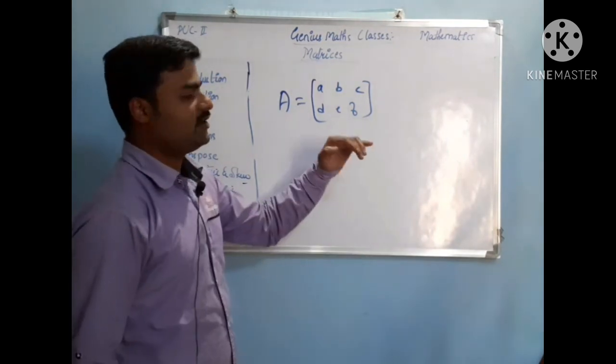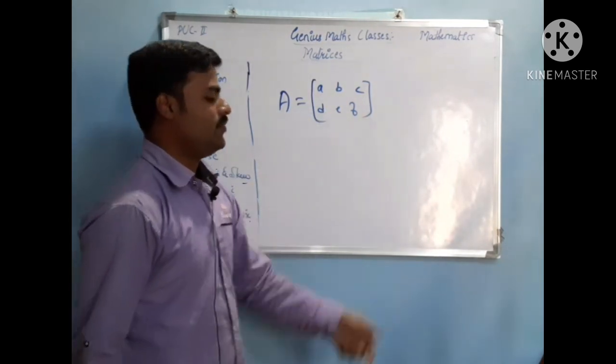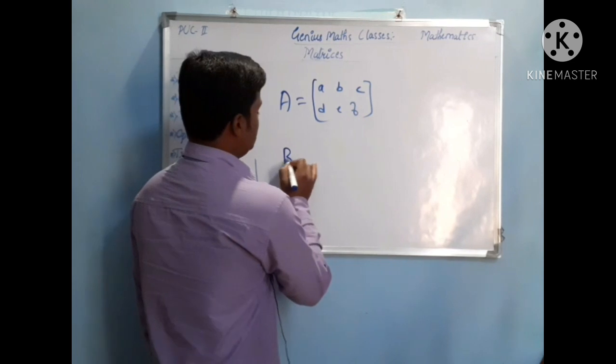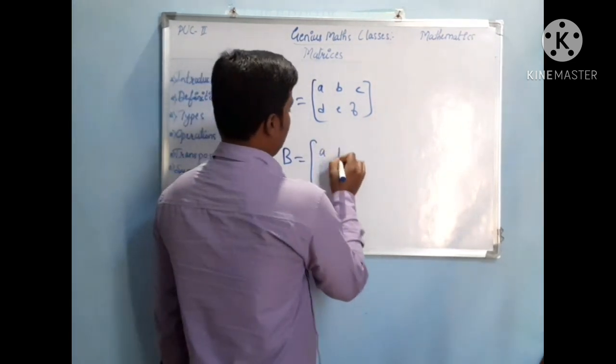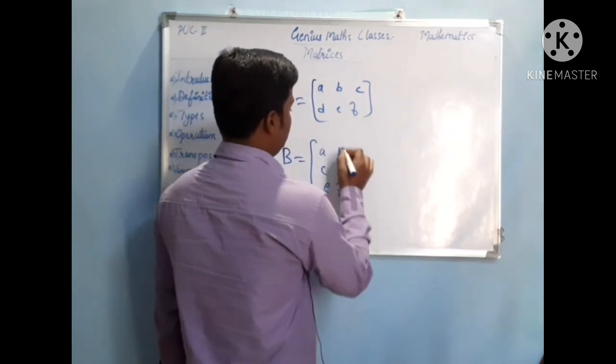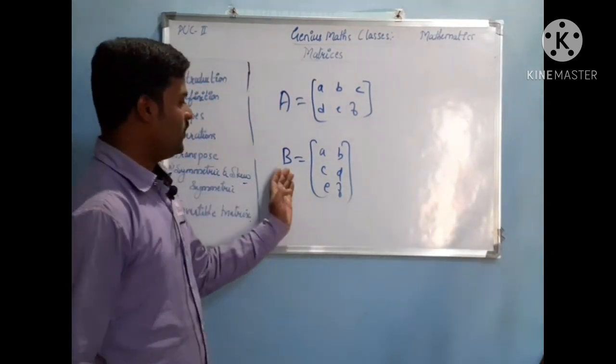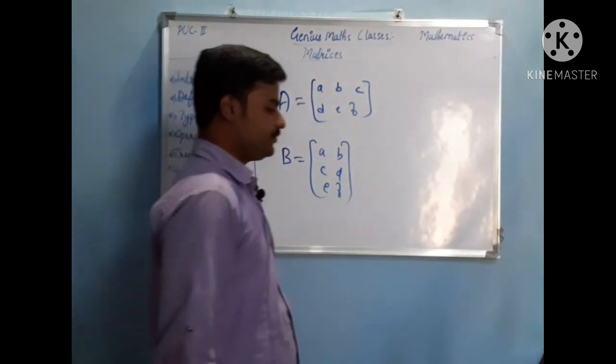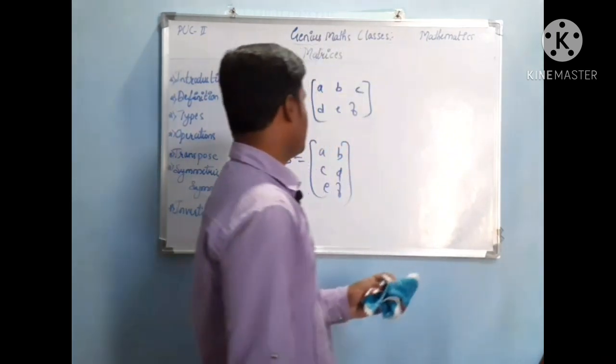This is the way of representing or denoting a matrix. A is the matrix, and A has 6 elements: a, b, c, d, e, f. Similarly, another example: B with elements a, b, c, d, e, f. This is the B matrix, and this is the A matrix. So this is the way of representing.